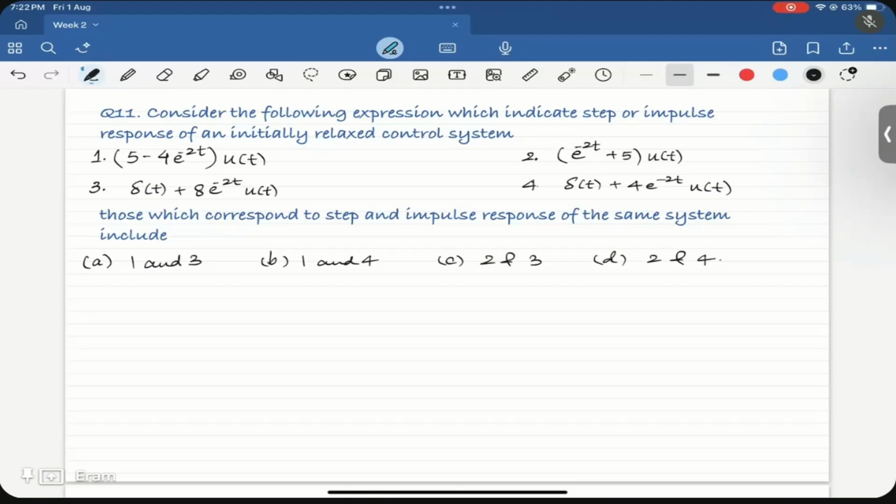Are you able to get my question? You have to identify which among these correspond to the step and impulse response of the same system. Try this question.